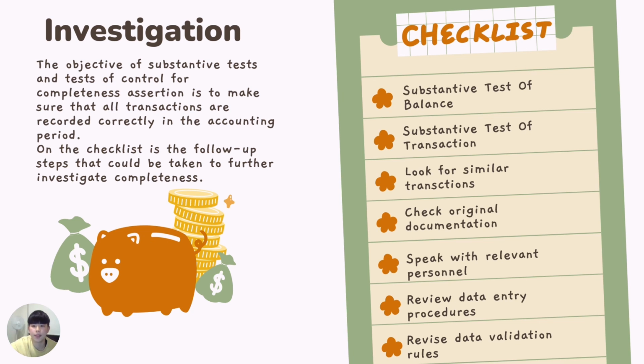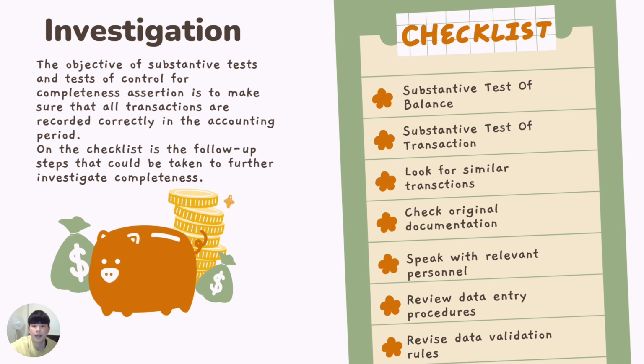Speak with relevant personnel. Speak with the personnel involved in recording this transaction. They might be able to provide additional insights or explain why the unit price might be missing. Review data entry procedure. If the missing unit price appears, it might be a data entry error, so review the procedures and training for data entry to see any improvement that can be made.